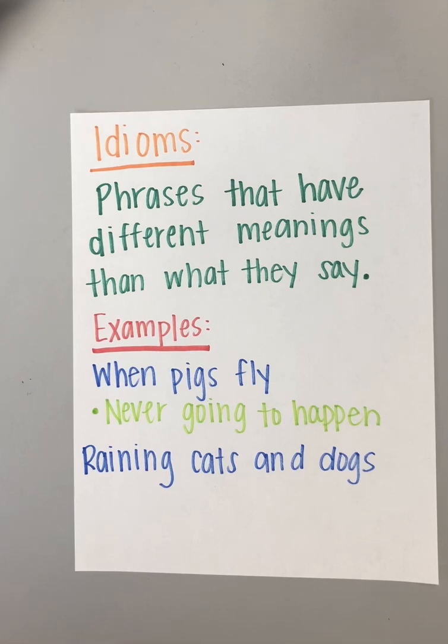Now, we know, even though we don't get much rain in San Diego, when it does rain, what falls from the sky? Right, water. Not cute little puppies and cute little kitties. So if the author says it's raining cats and dogs, that's an idiom because they're not actually meaning what they say. What do you think they are meaning?